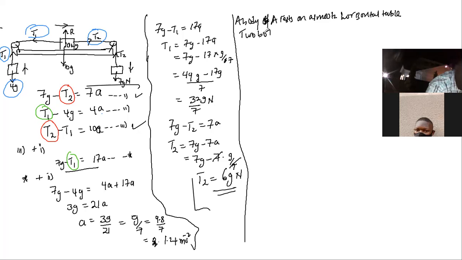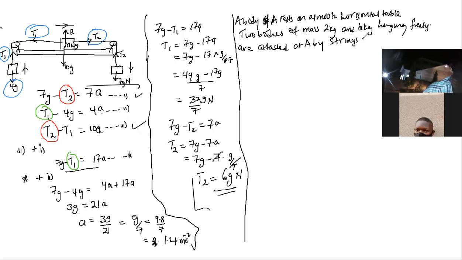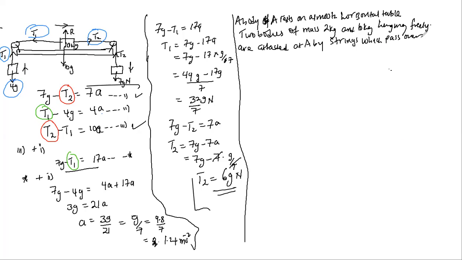Two bodies of mass 2 kgs and 10 kgs, hanging freely, are attached at A by strings which pass over smooth pulleys at the edges of the table.